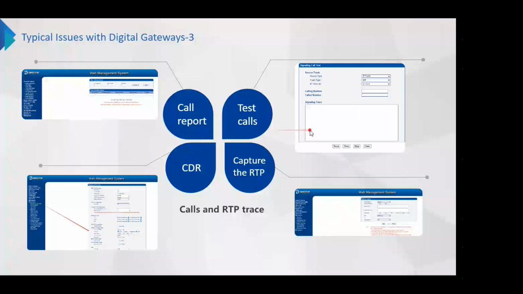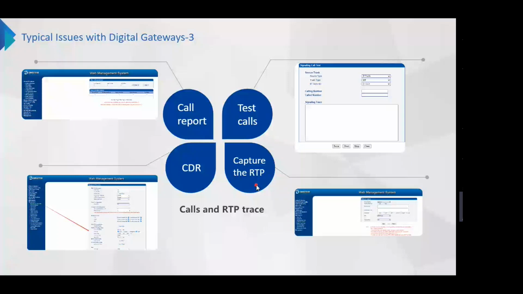Of course, our MTG not only handles the signaling, we also handle the RTP or voice data here. And sometimes you may face a problem like one-way call, or some calls have quality issues, and you can capture the RTP packets.